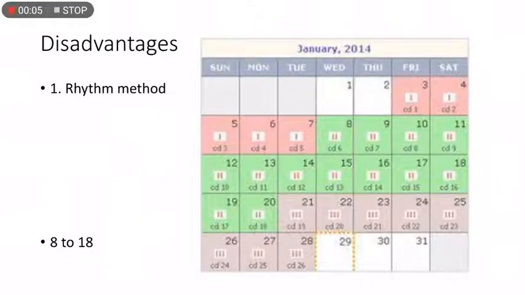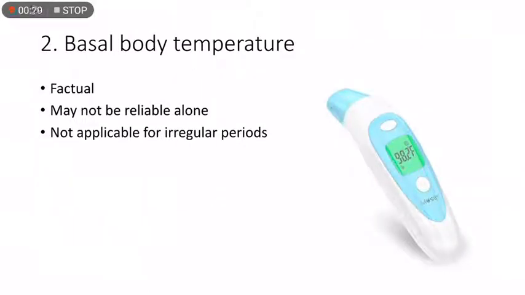So, the disadvantage of the rhythm method is that we can't have sex for a lot of time, right? Literally half the month we wouldn't be able to have it. So, it's really sad. Second is the basal body temperature method. Well, I personally consider this lame because it is theoretical.